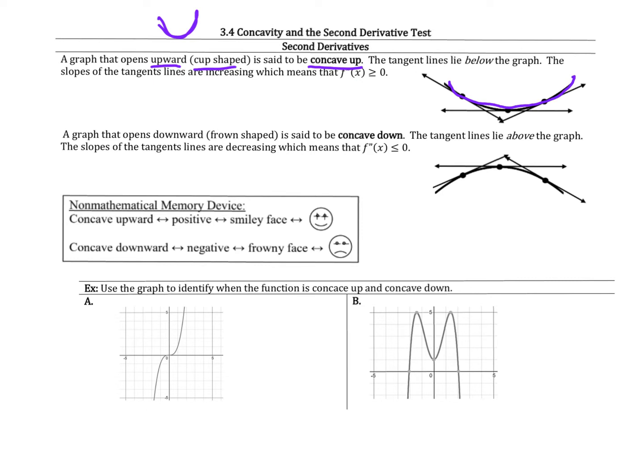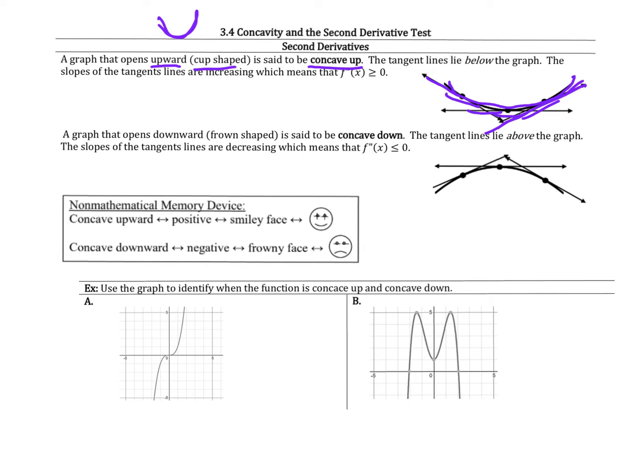And if I were to draw a tangent line, every tangent line I draw would actually be below the graph, otherwise it would intersect the graph more than once, and then it wouldn't be a tangent line anymore. And as I create more tangent lines going around this curve, the slopes are getting less and less steep, and they're changing as they go around the concavity of a graph.